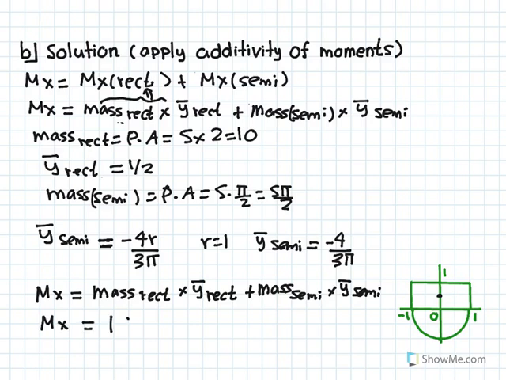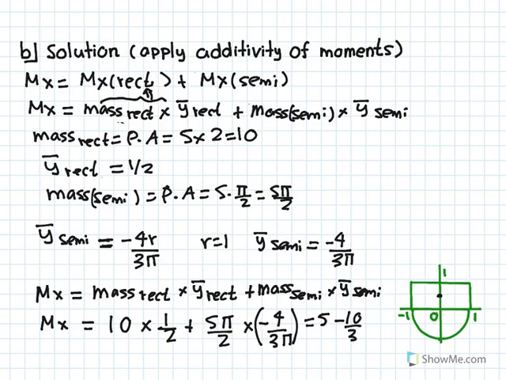Mass of rectangle is 10. Y bar of rectangle is 1/2. That's where the diagonals meet. Mass of the semicircle is 5 pi over 2. And y bar of semicircle, we applied the hint they gave us, times negative 4 over 3 pi. Let me put this in brackets to show that's being multiplied. If we simplify this, we get 5 minus 10 over 3, which comes out to 5 over 3.